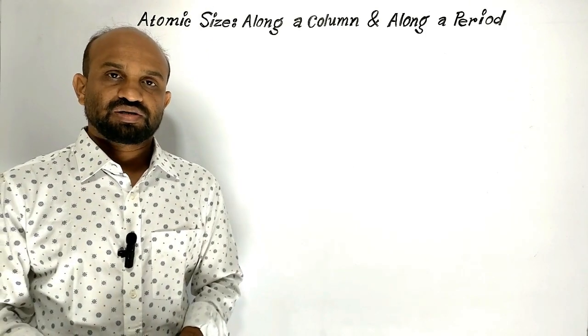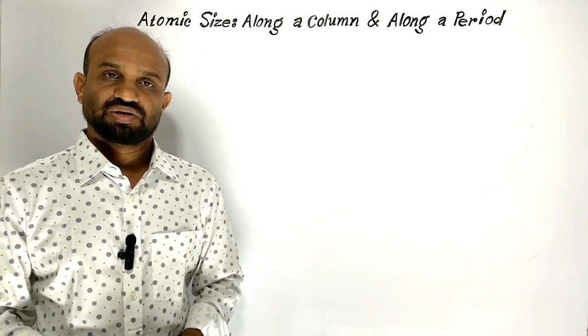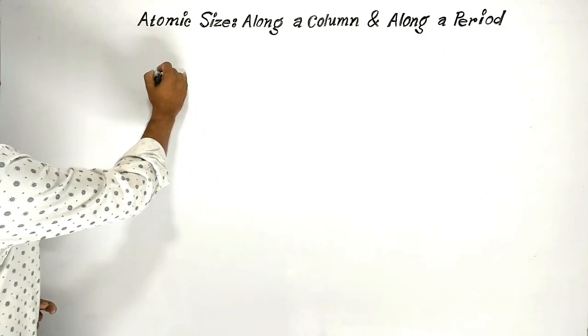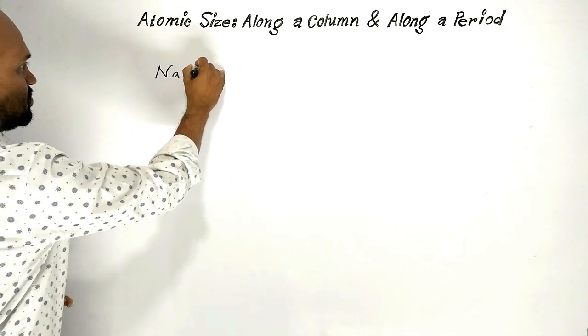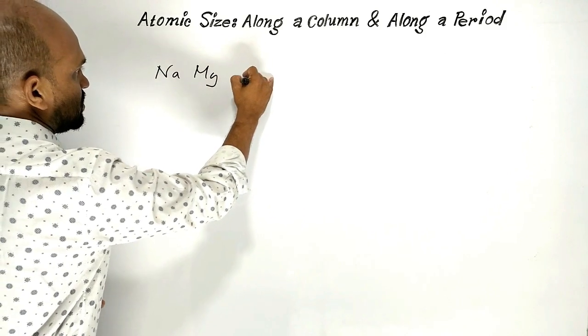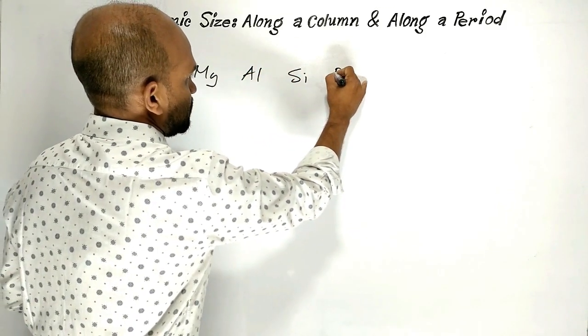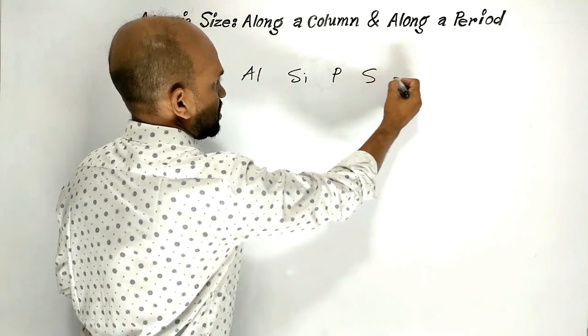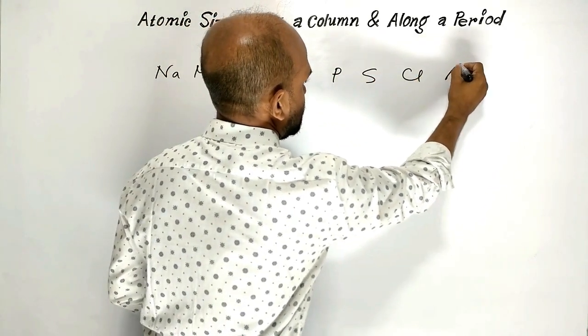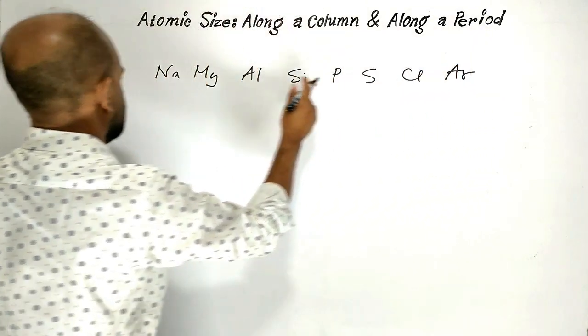Let's write the elements that belong to period 3. Sodium, magnesium, aluminium, silicon, phosphorus, sulfur, chlorine, and argon.